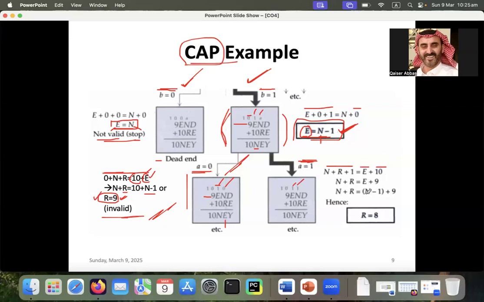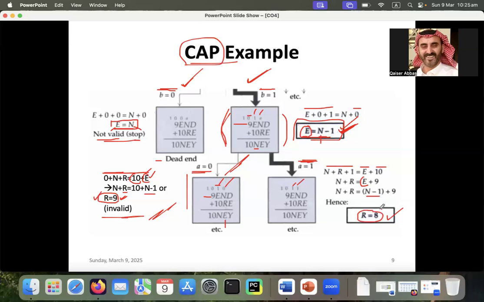After simplifying this equation, and after putting the value of e using this equation, e is equal to n minus 1, you will now have the value for r as 8. 8 is not given to any other letter before. So that's why this branch is okay.